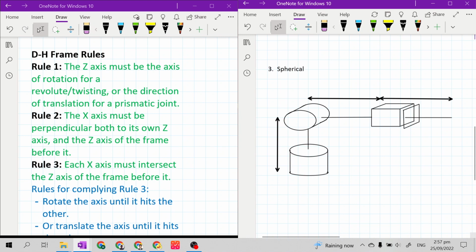Okay. So let's name or label the links. So this is link A sub 1, then link A sub 2, then link A sub 3.